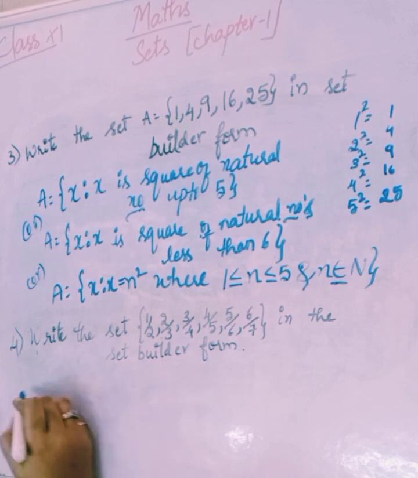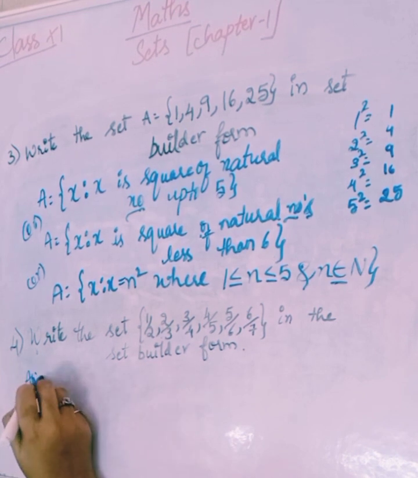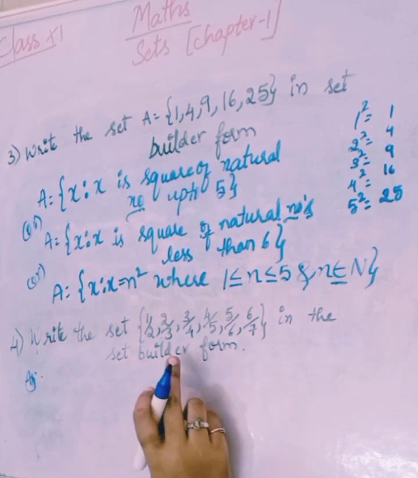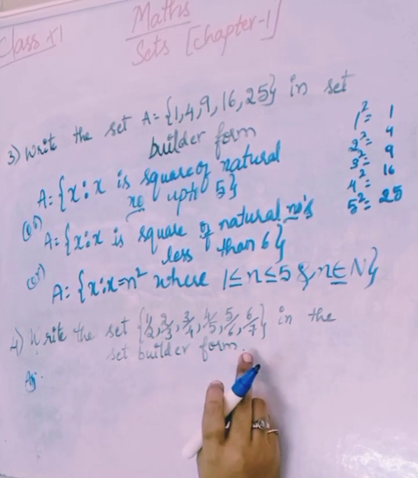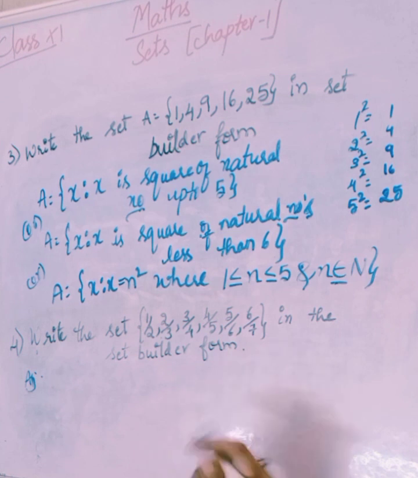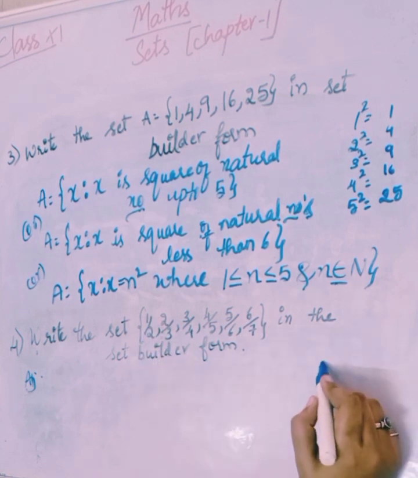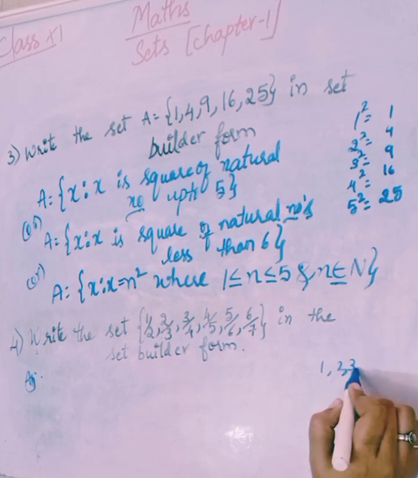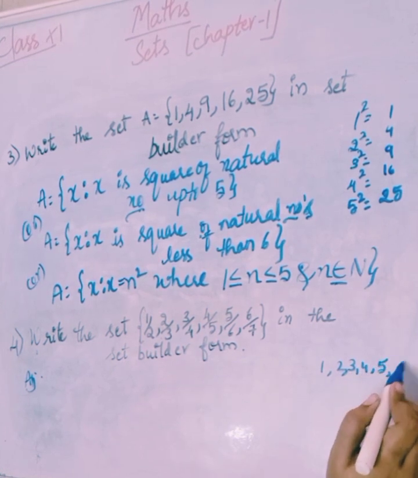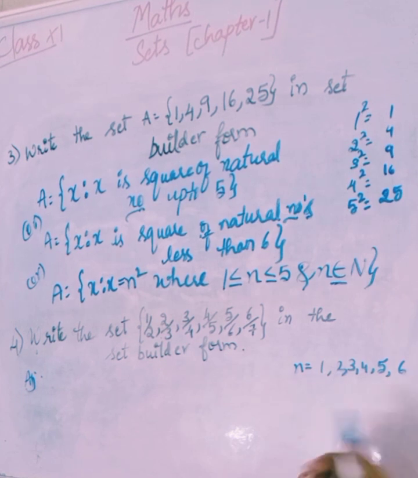Next one we have: write the set {1/2, 2/3, 3/4, 4/5, 5/6, 6/7} in set builder form. We can see the numerators only: 1, 2, 3, 4, 5, 6. What is this? These are natural numbers, is it right?